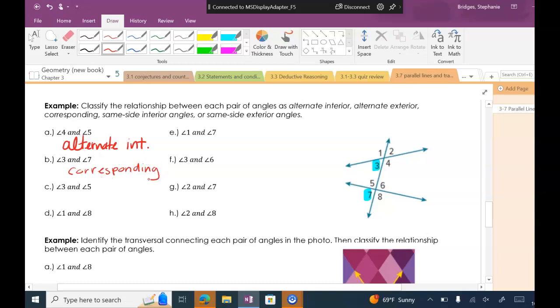I want you to try the rest of those. If you're not sure, you can flip back to the front. It has the description of each one. It even gives you the pairs in relationship to the picture that's given to you there.